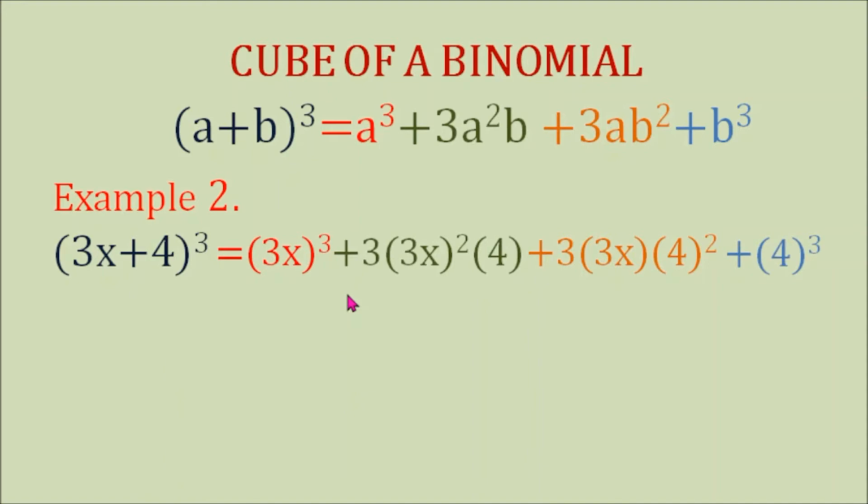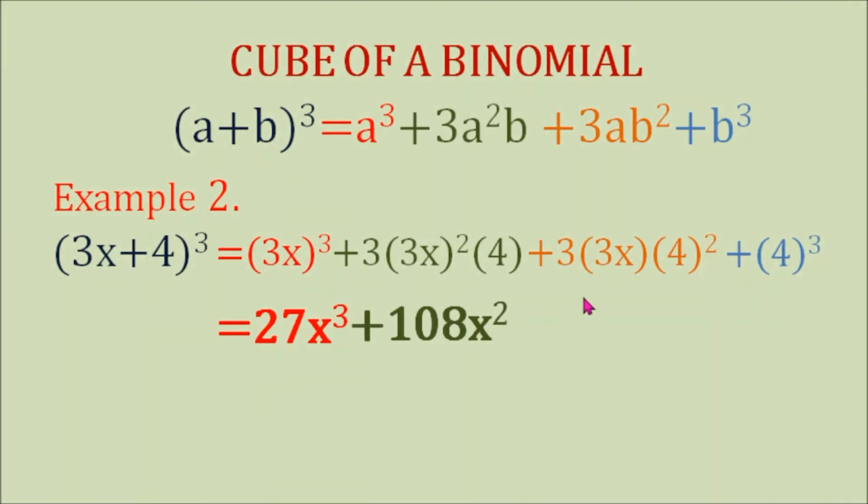Now we are going to simplify. The quantity 3x cubed means 3x times 3x times 3x, and that's 27x cubed. For our second term, the quantity 3x squared means 3x times 3x, and that's 9x squared, times 3 is 27x squared, times 4 equals 108x squared.